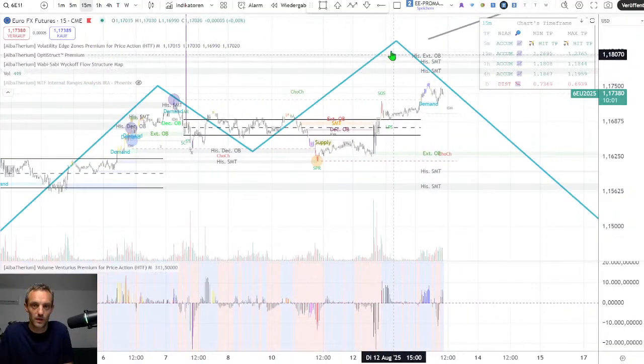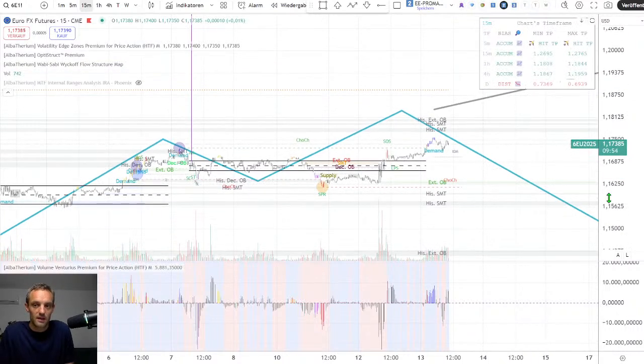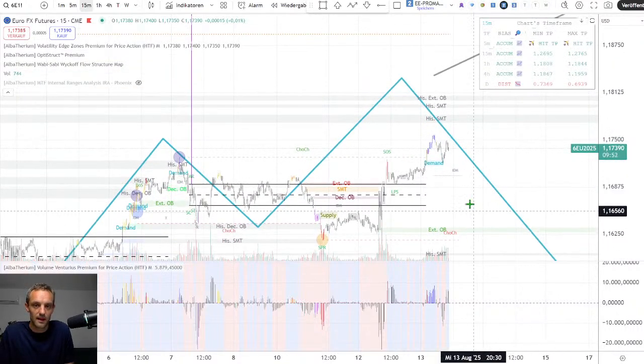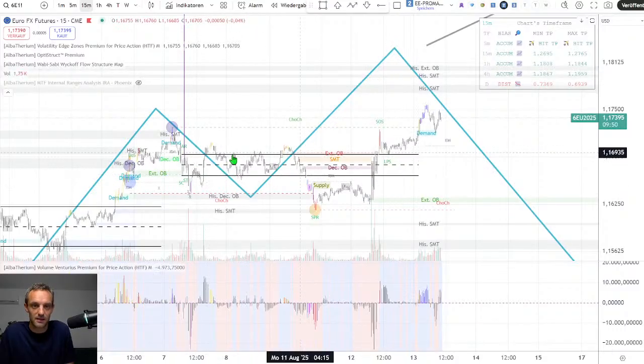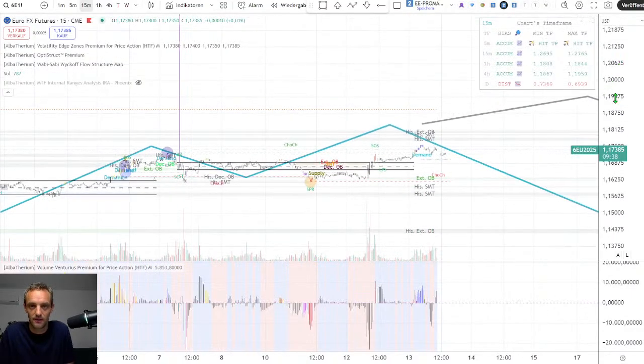Of course, when we take out these extreme order blocks to the upside, we need to be careful. Talking about our Wabi-Sabi Wyckoff Flow Structure map, for example, this 50 minutes map is currently showing us targets really far up.